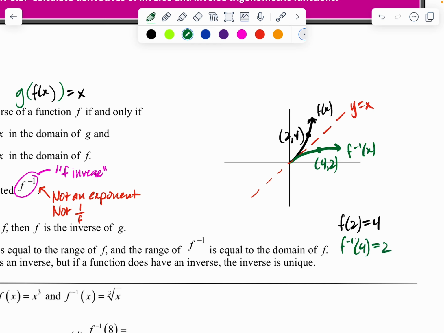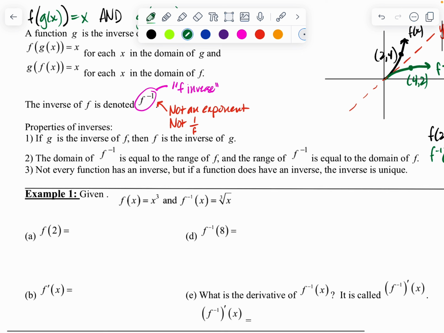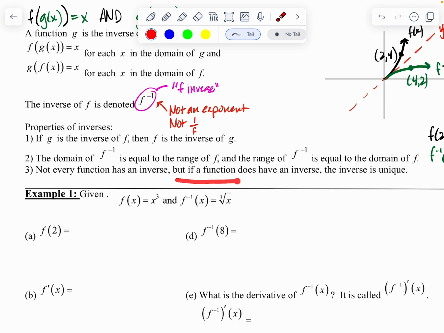That's going to be a really important concept to know when we are trying to find the derivatives of inverses. The last property is that not every function has an inverse, but if a function does have an inverse, then it only has one inverse. It can't have multiple inverses.